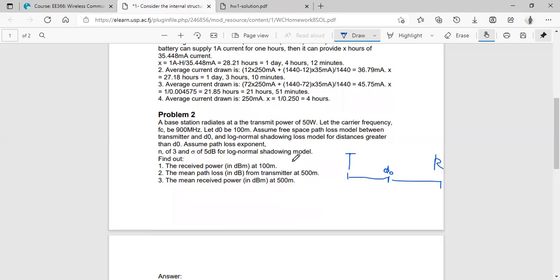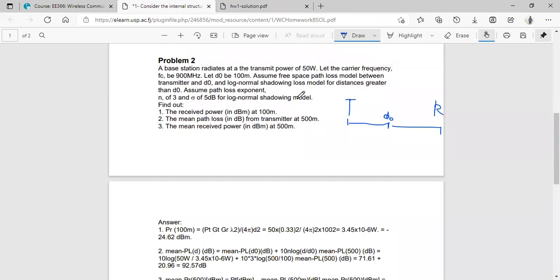Like it said, for any distance between the transmitter and D naught, we assume the free space path loss model. Using this model we can find our received power because we have our transmitter power, we know our frequency, and we know our distance.